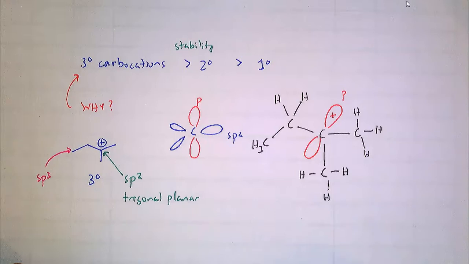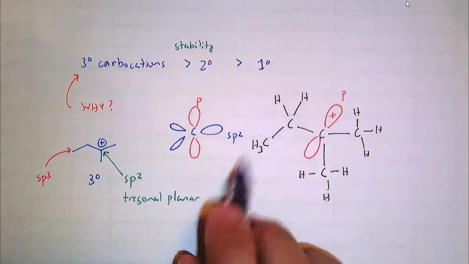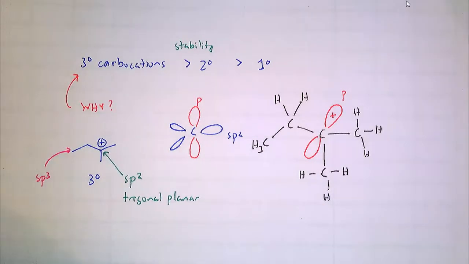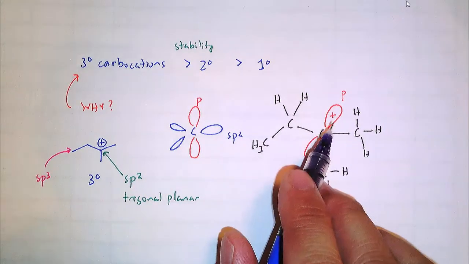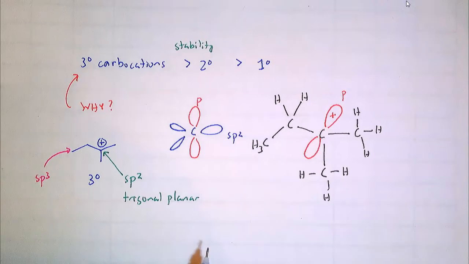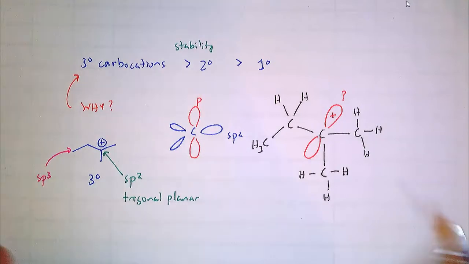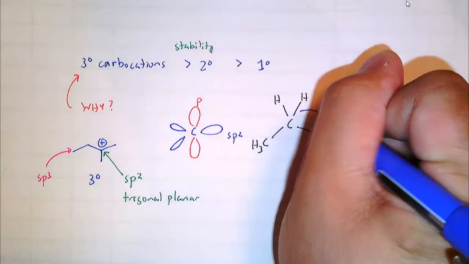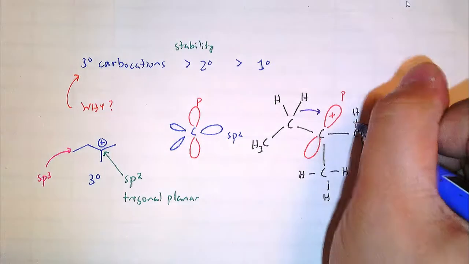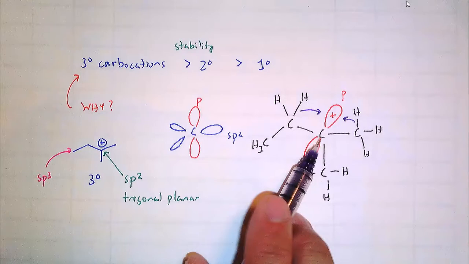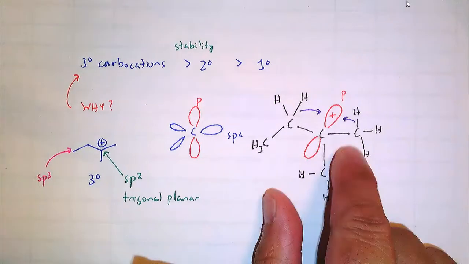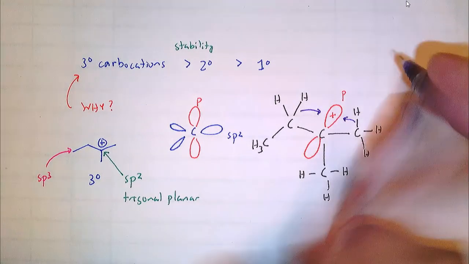The fact of the matter is, charged molecules are inherently unstable. So if you could reduce that charge somehow, or if you could spread it out, either way, you can increase the stability. These hydrogens can donate electron density. And you notice that the more alkyl groups you have around the carbocation, the more likely you'll be able to share electrons from what is this?